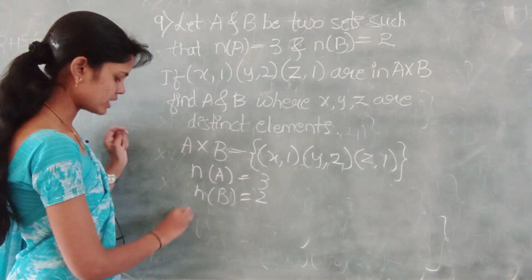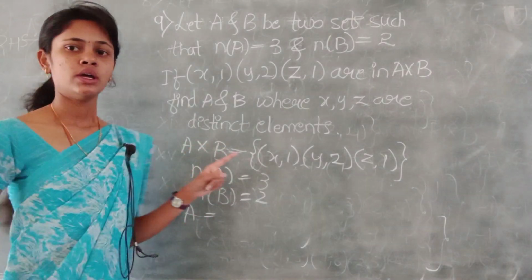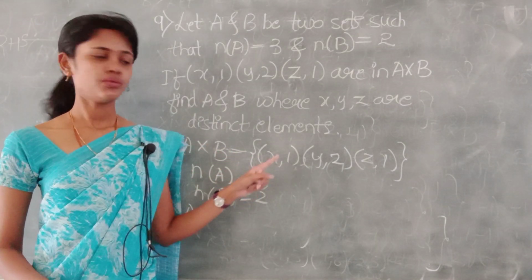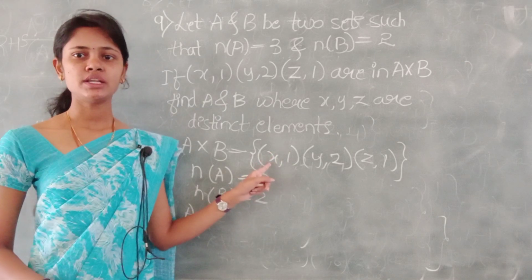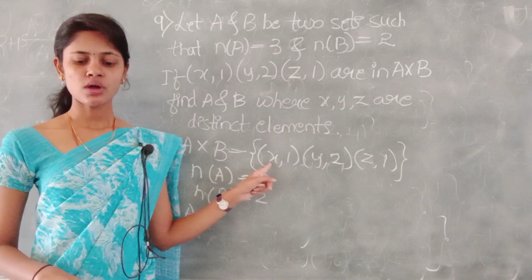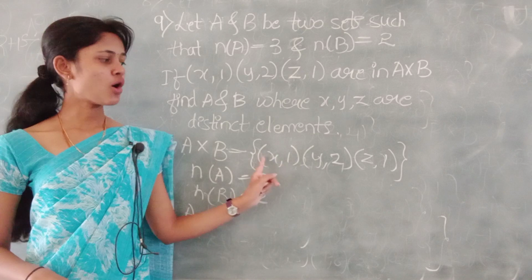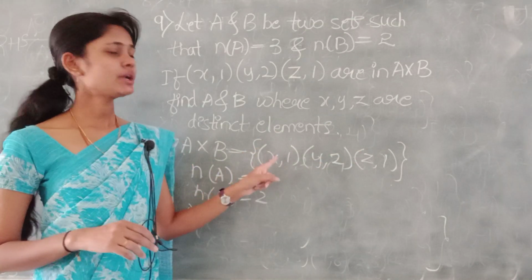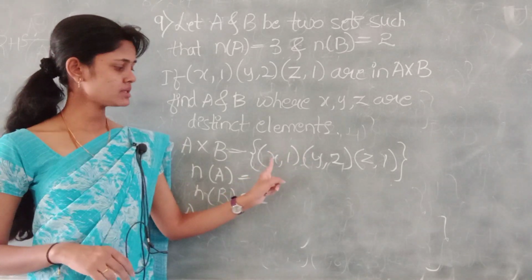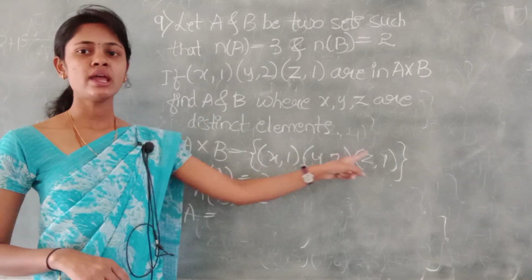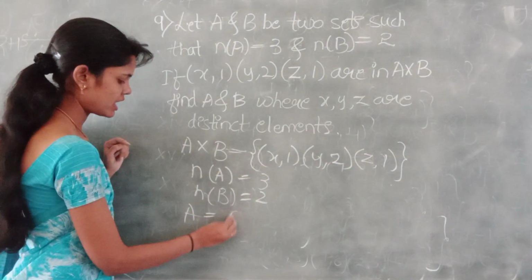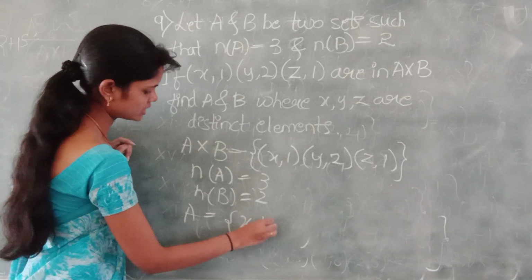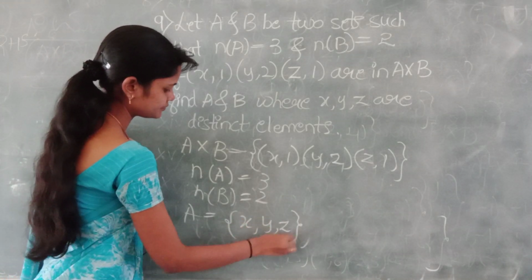And you also know that A is the set of all first elements in the ordered pairs. So what are the first elements in the ordered pairs? x, y and z. Therefore A is equal to {x, y, z}.